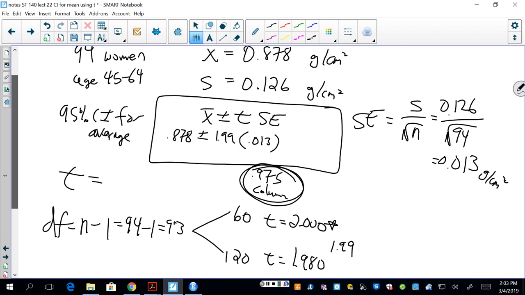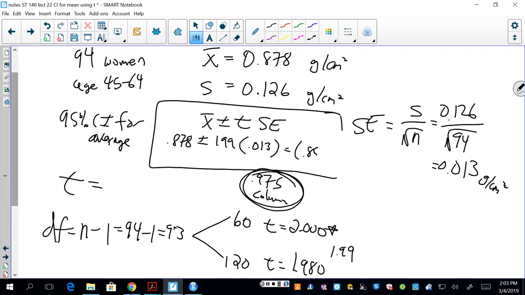As an interval, that goes 0.852 to 0.904 grams per centimeter squared. So yeah, that'd be a 95% confidence interval for bone density.